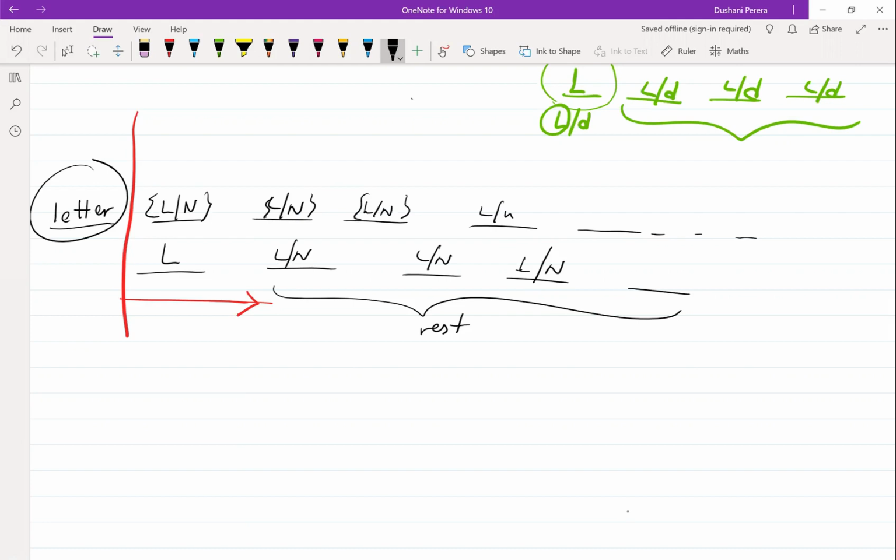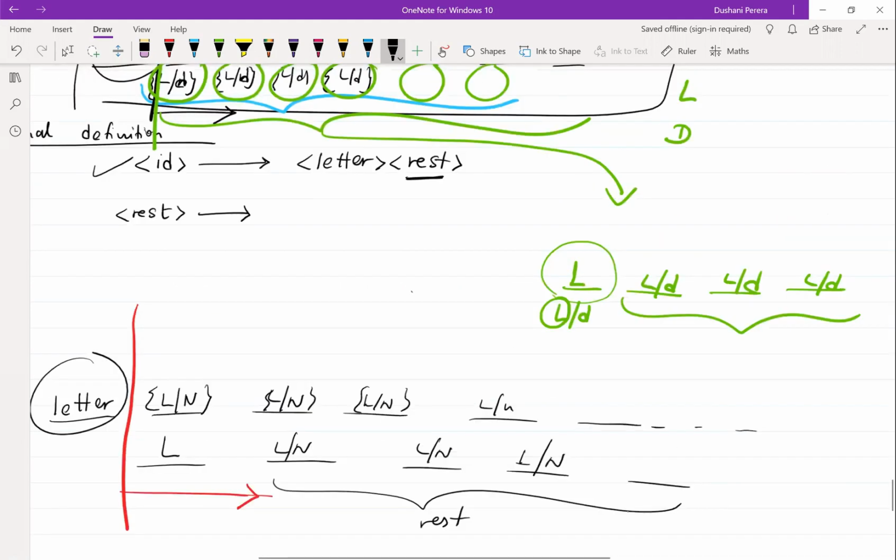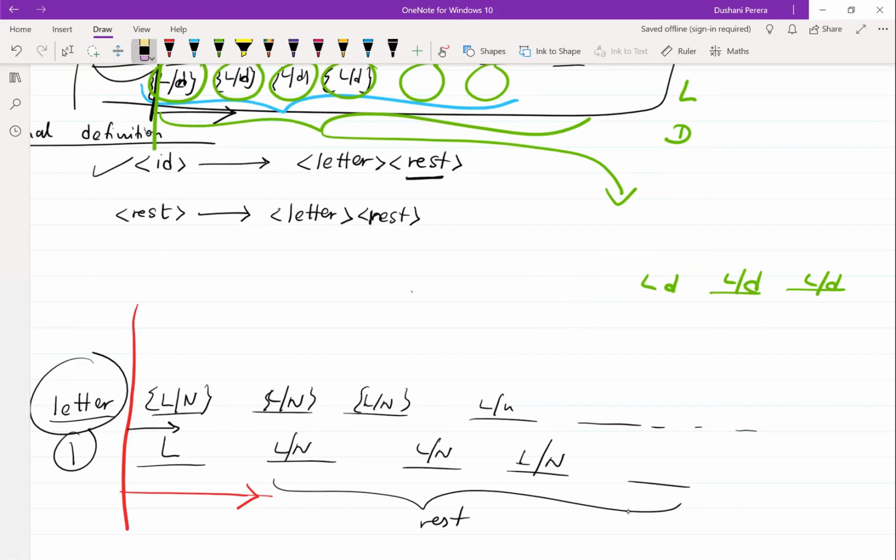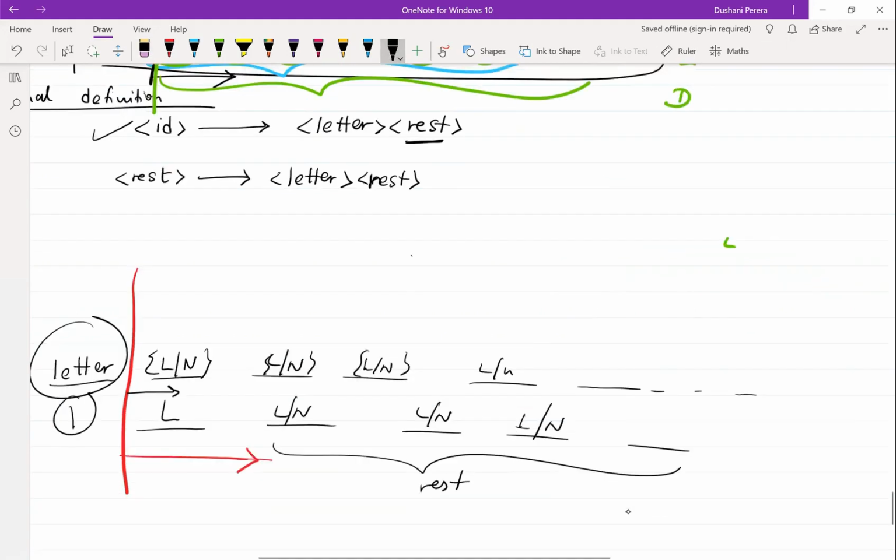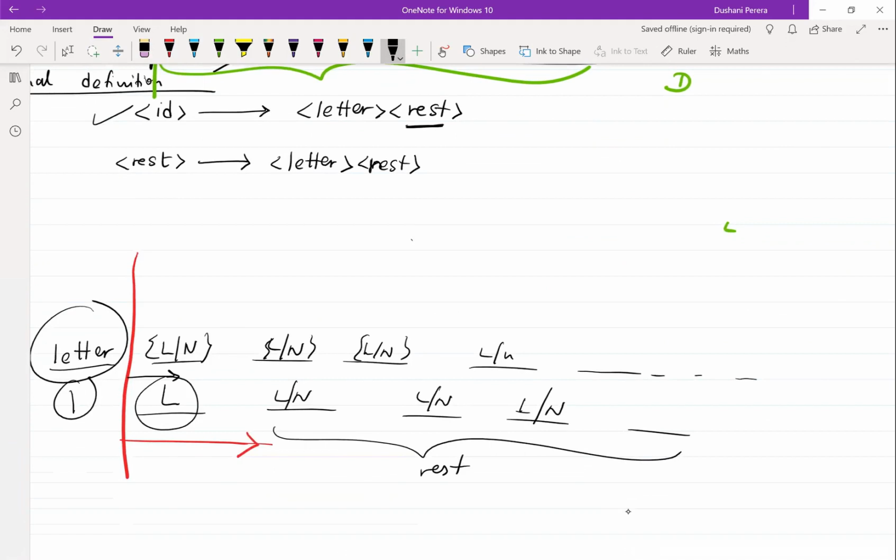So let's write that first. The rest of the first one, this is the first one, that could be, first one could be a letter, it could be followed by a number. Number name, rest. Okay, first one is a letter, it could be followed by the rest of it. We don't know what the rest is.